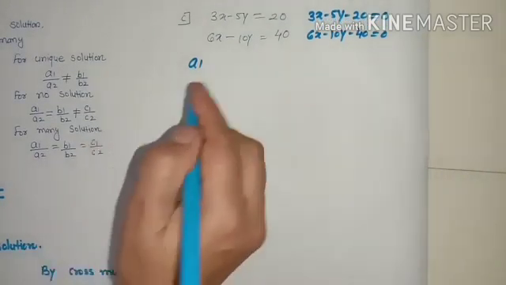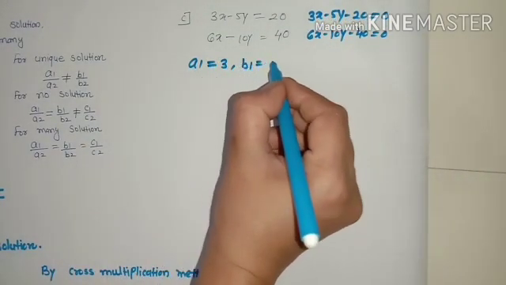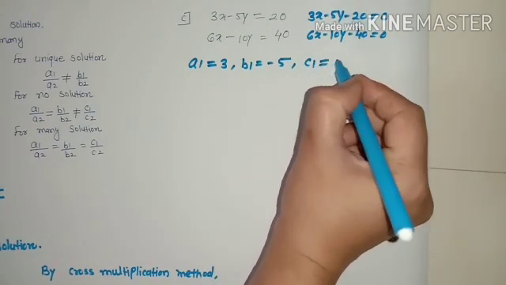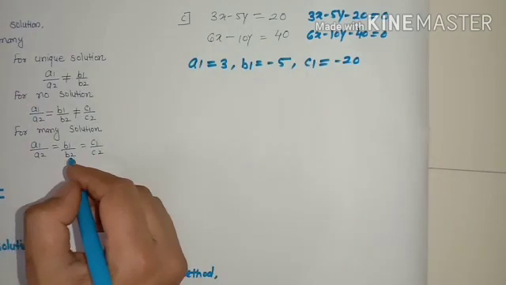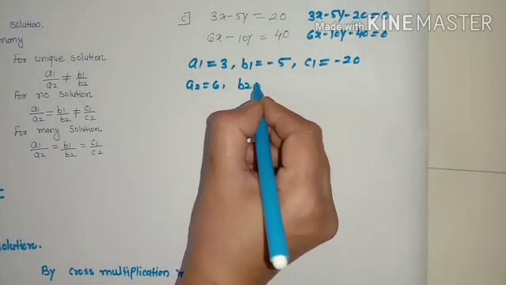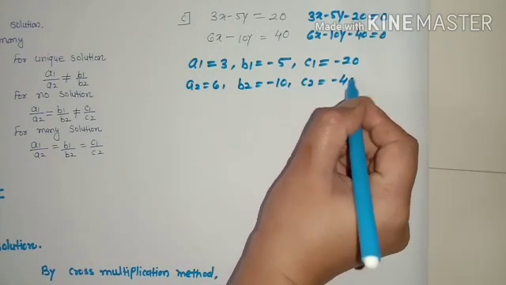Then we will find a1 which is 3, b1 which is minus 5 and c1, the constant term, is minus 20. And the value of a2 is 6, b2 is minus 10 and c2 is minus 40.